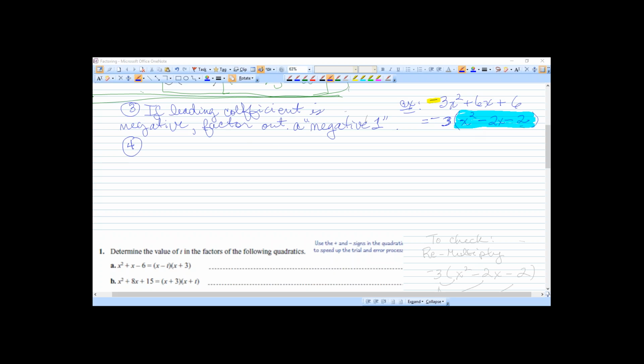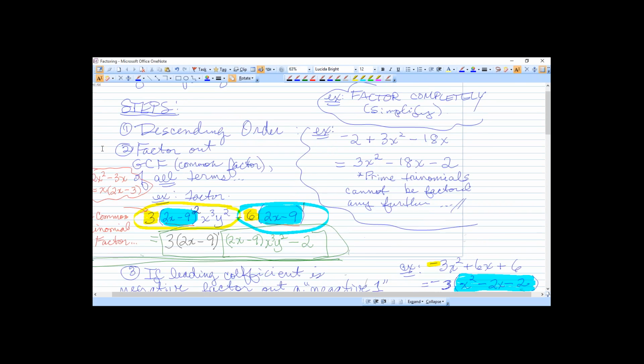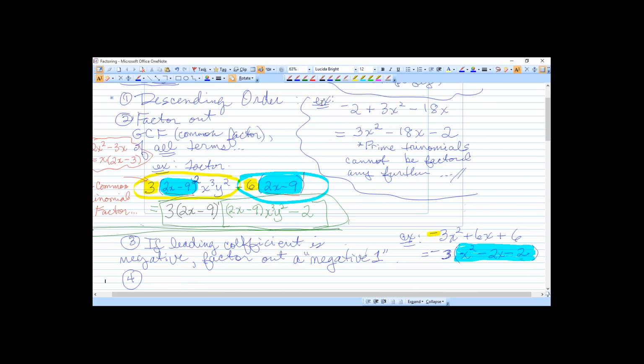So here we are. Where were we? Let's review really quickly so that you guys can be back on track. Steps of factoring. We want to make sure we have descending order. We want to factor out a greatest common factor of all your terms, including binomial factors. You can have a two-term factor, like in this example here.